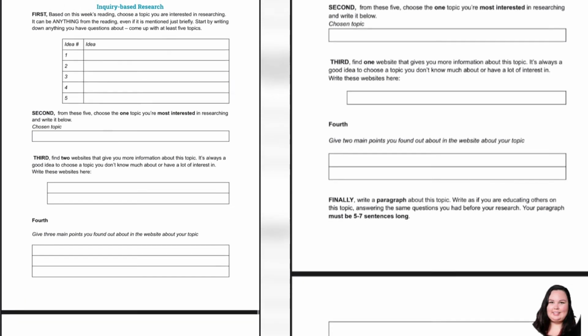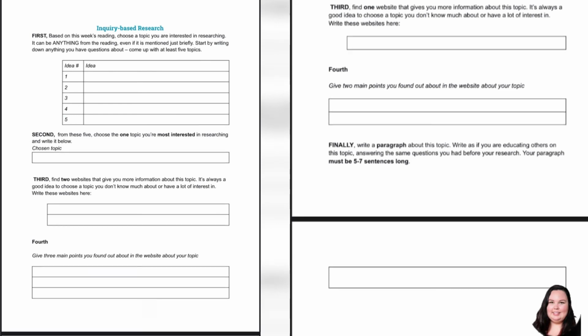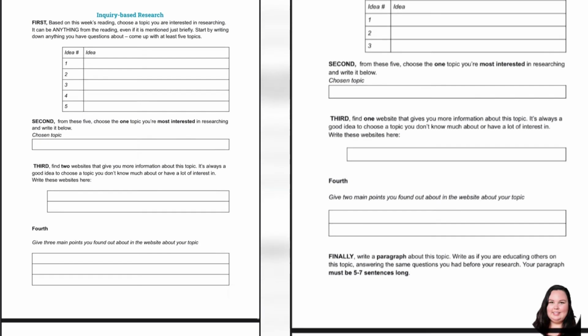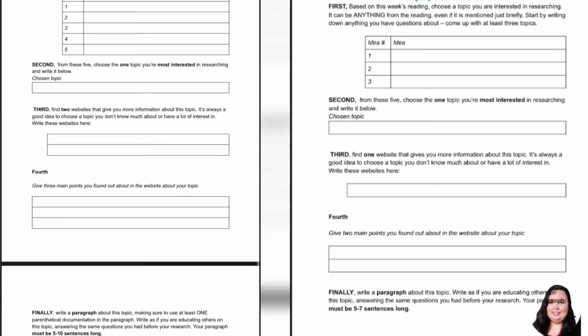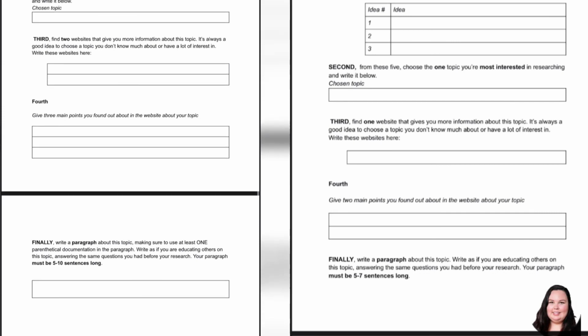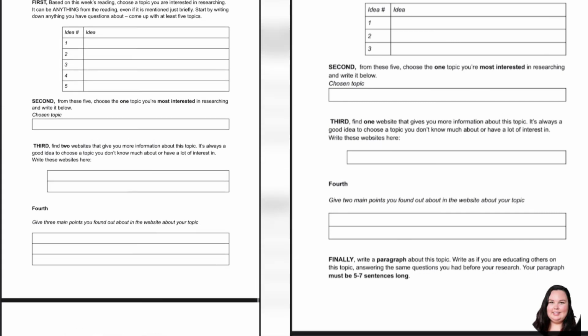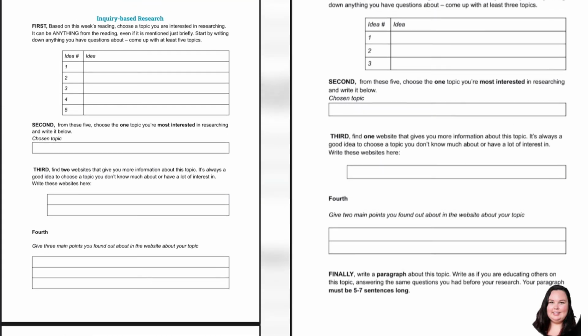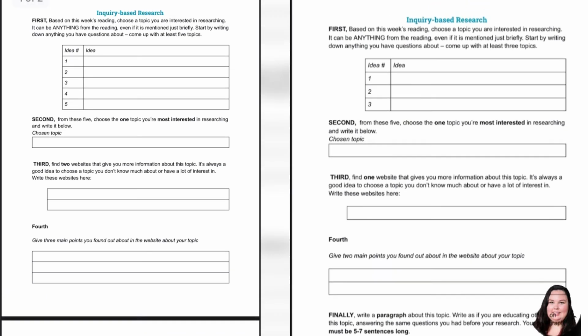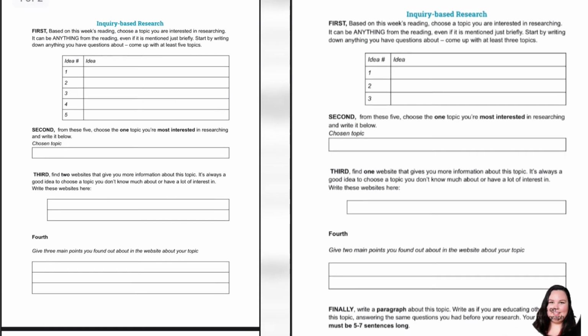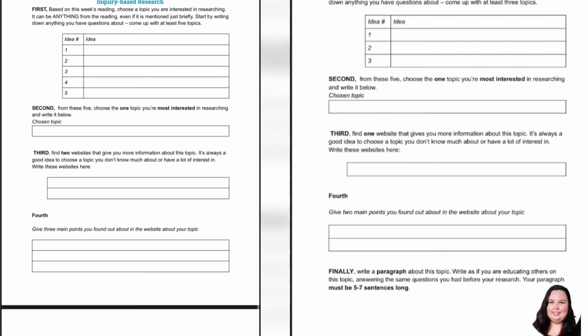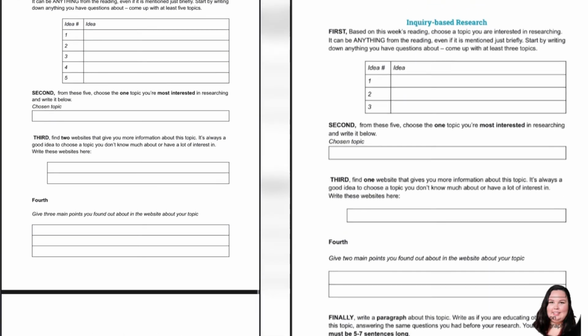But for a student with a learning disability or special needs, that can be a little overwhelming. That could be like a lot of facts for them to handle. So I modified this assignment and I shortened it from being 5 topics to 3. Then they had to still pick that one main idea.